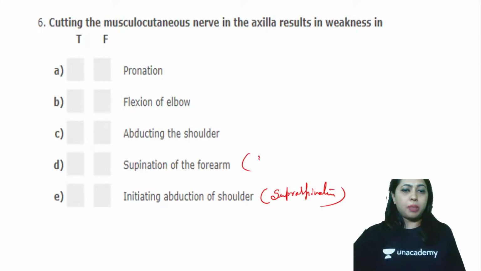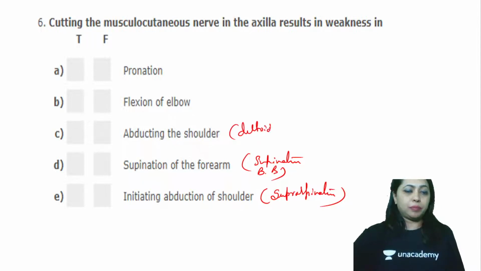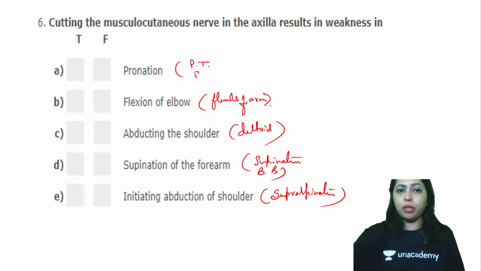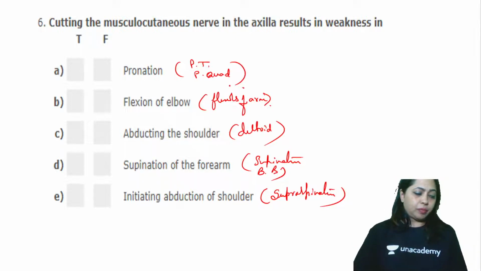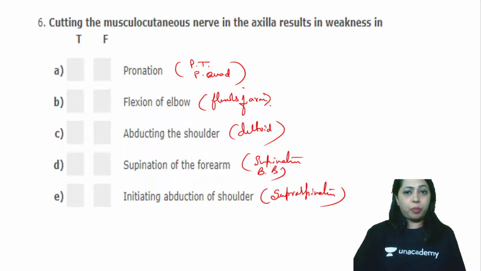Supination of the forearm is done by supinator and biceps brachii. Abduction of the shoulder is done by deltoid. What about flexion at the elbow? It is done by the flexors of the arm. Pronation is done by pronator teres and pronator quadratus. So this is what you have to remember.